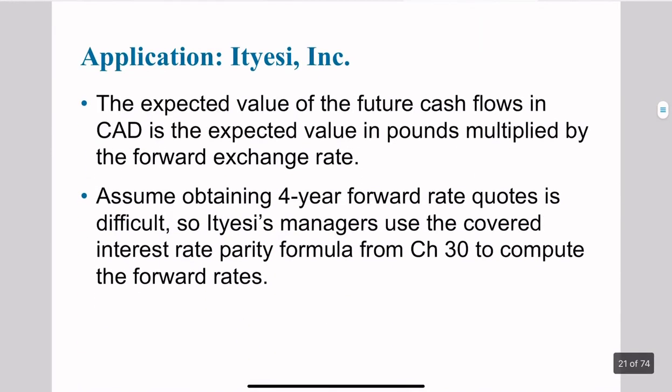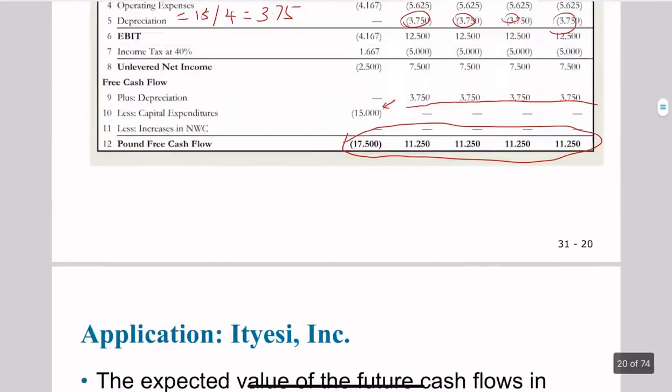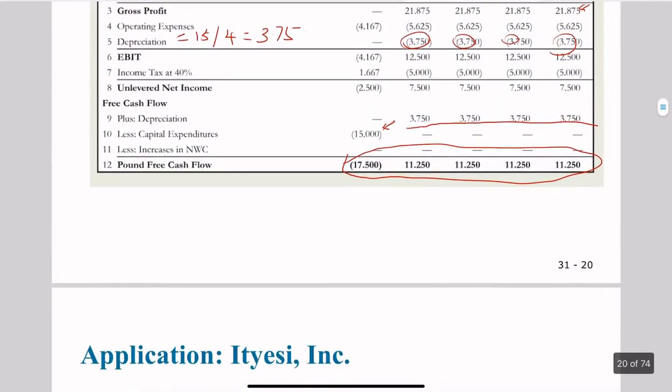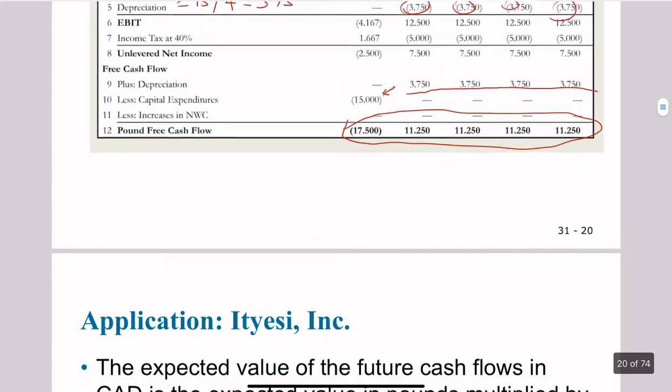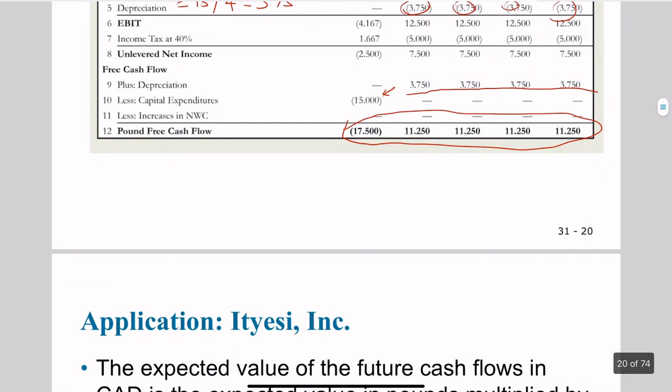So let's say, we also have learned if you want to convert future free cash flows, then you have to use the forward exchange rate, right? So normally what you would do is you would get a forward exchange rate and do the conversion.